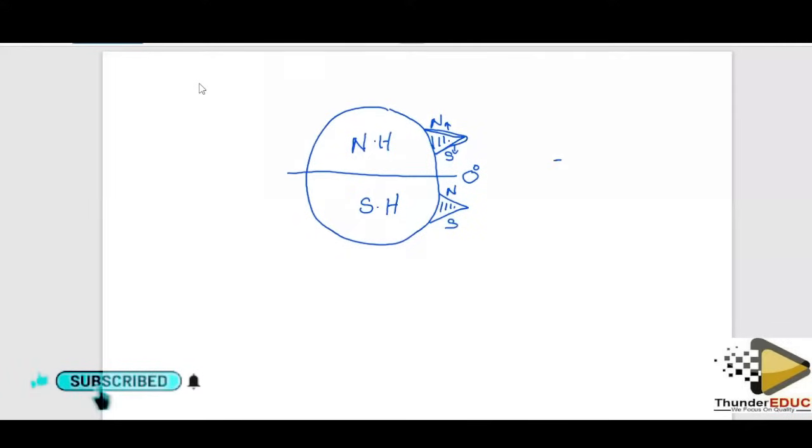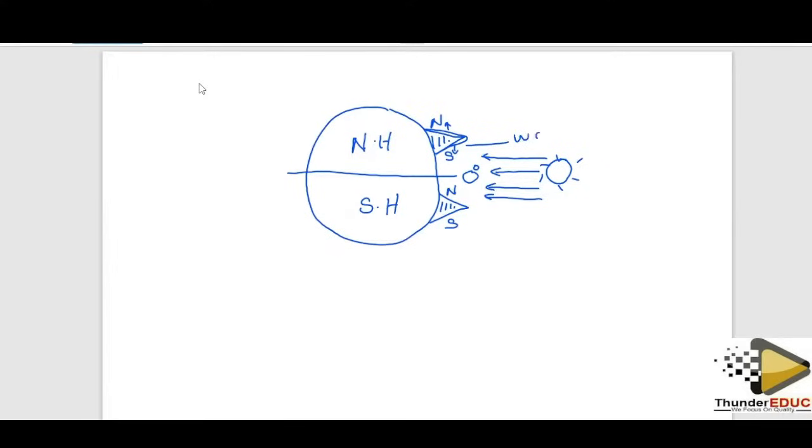Then we have our insolation or the sun, this other side. And see the rays of the sun that are hitting the south-facing slope in the northern hemisphere. So it means that if we look in the northern hemisphere, the south-facing slope is going to be much warmer, because it is receiving direct heat from the sun.